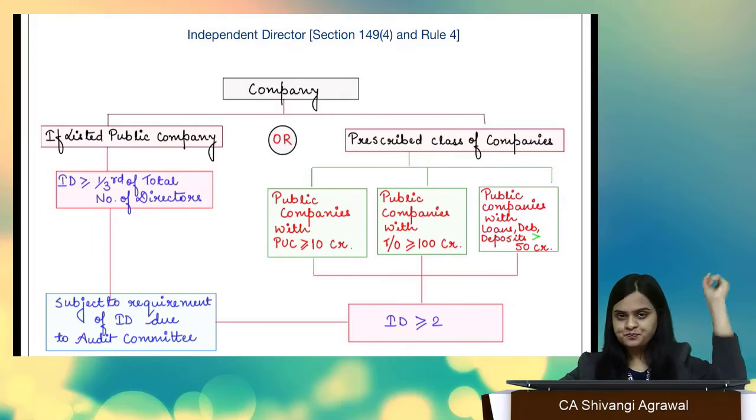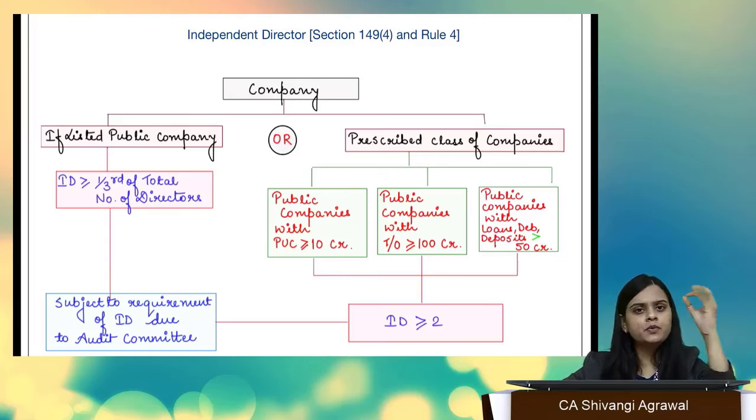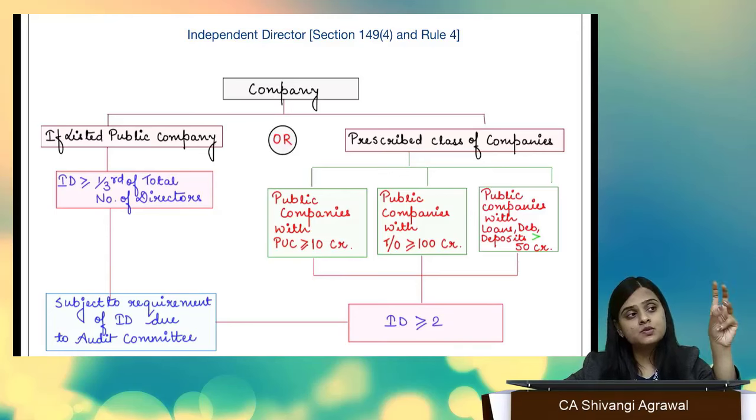Listed company, if it's listed, we don't need to check any threshold. Listed companies straight away have to have 1/3 of their directors to be independent. If it's not listed, we have to check 3 criteria: 10, 100 and 50. Paid up capital more than or equal to 10 crores, turnover more than or equal to 100 crores, or loans, debentures, deposits more than 50 crores.